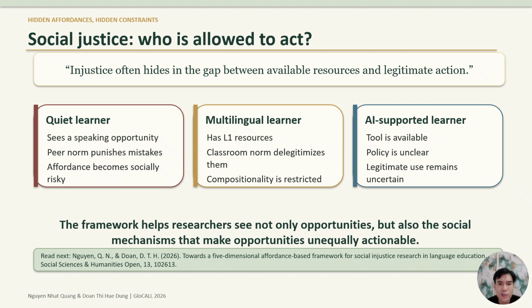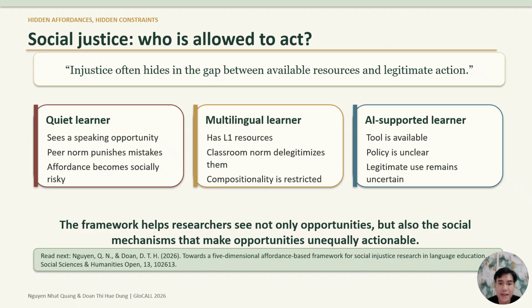A multilingual learner may have a rich first language resource, but if the classroom norms treat those resources as illegal or illegitimate, the agency is restricted. An AI-supported learner may have access to useful tools, but if the policy is unclear, the learners may not know whether using it is against the rules or not.